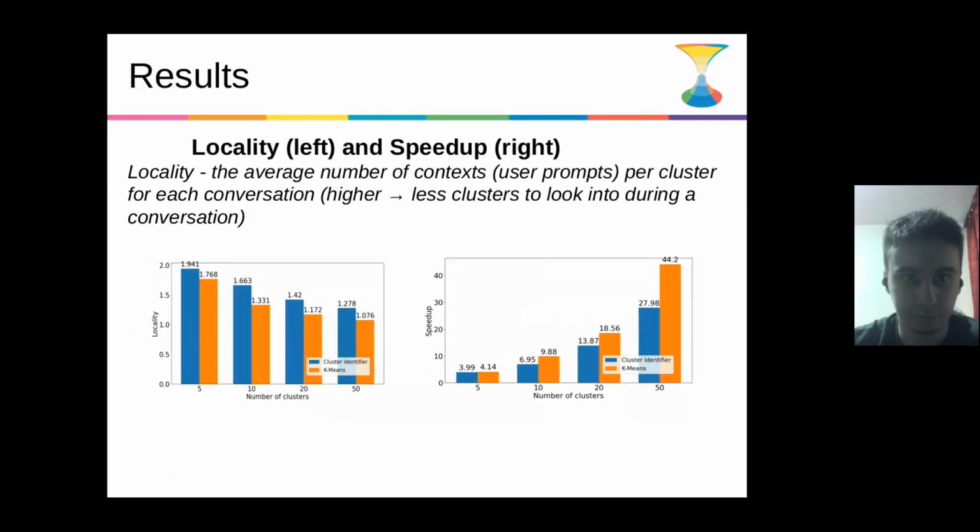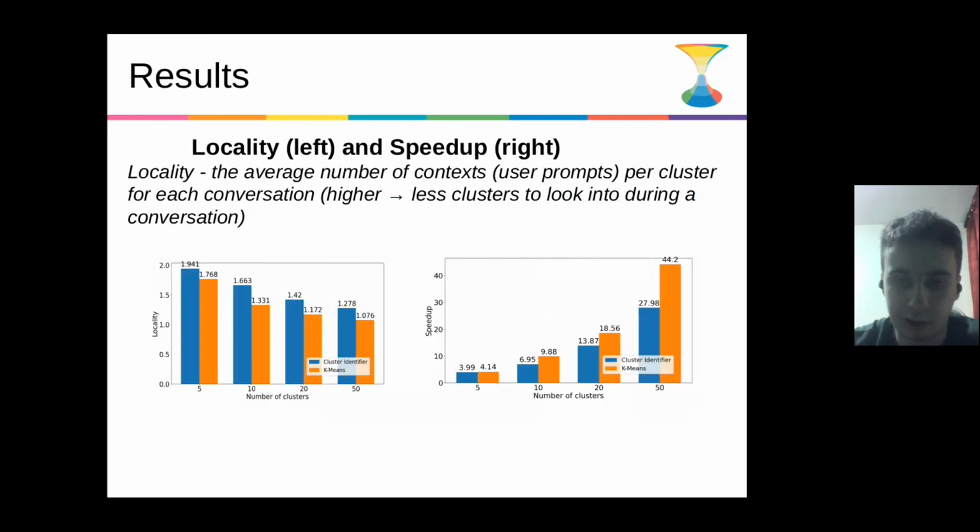Last thing, let's look at the locality and the speedup. The locality denotes the average number of contexts per cluster for each conversation. So if it's higher, it means that during a certain conversation, we don't have to look into a lot of different clusters. And indeed, for the CI solution, this is always higher.